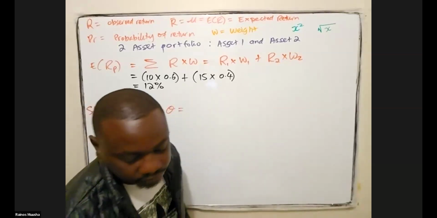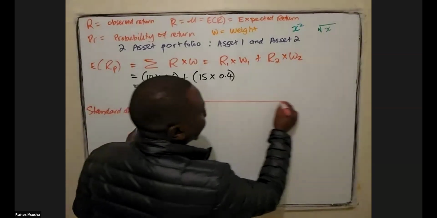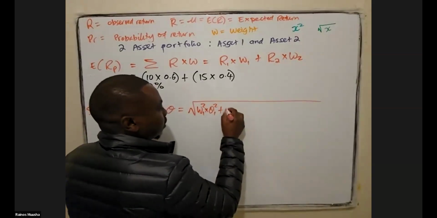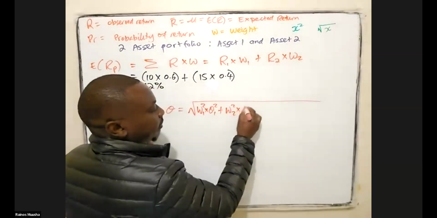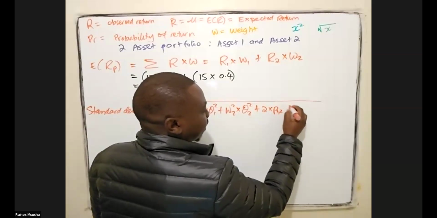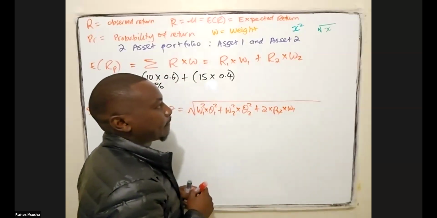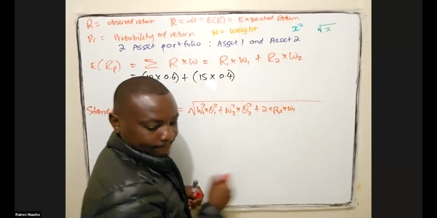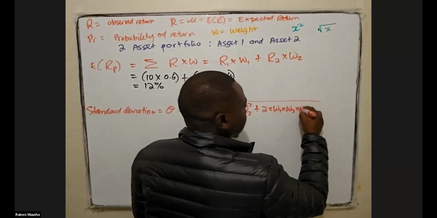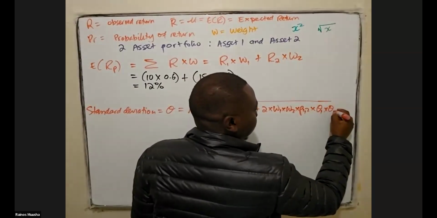So which means we are told that the standard deviation of the two asset portfolio is given as the square root of the weight of asset 1 squared multiplied by the standard deviation of asset 1 squared plus the weight of asset 2 squared multiplied by the standard deviation of asset 2 squared plus 2 multiplied by the correlation coefficient between asset 1 and 2 multiplied by the weight of asset 1 multiplied by the weight of asset 2 multiplied by the standard deviation of asset 1 multiplied by the standard deviation of asset 2.